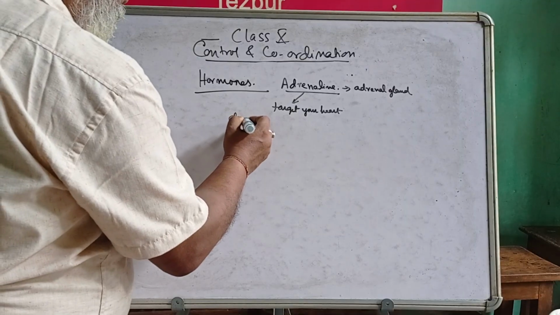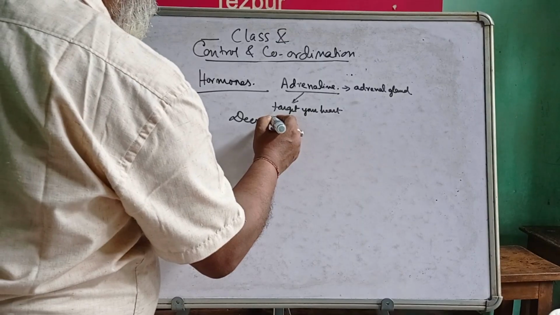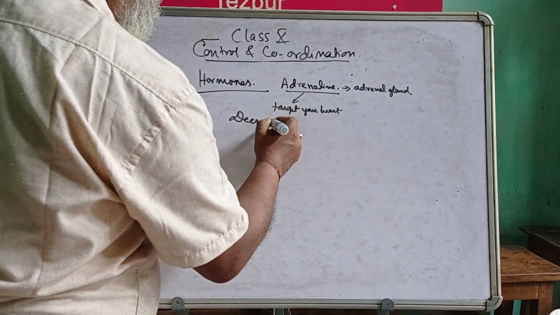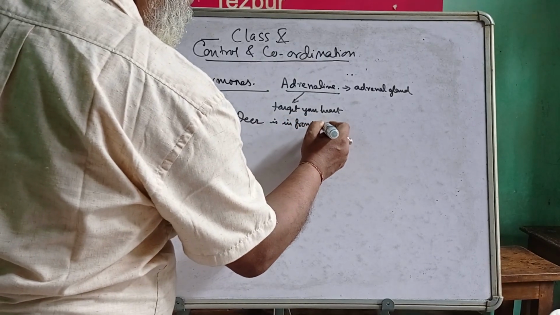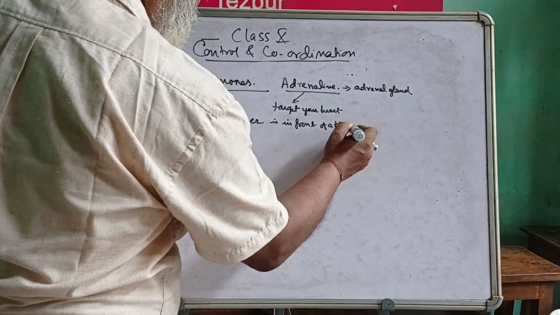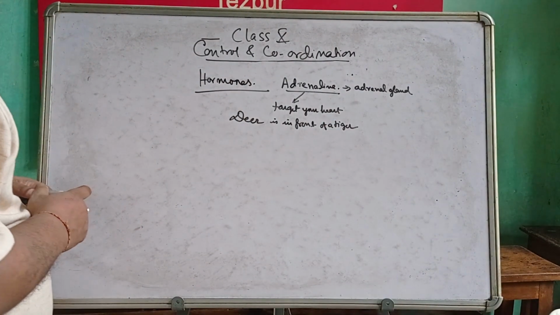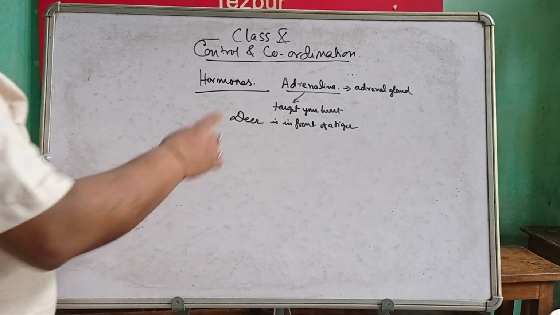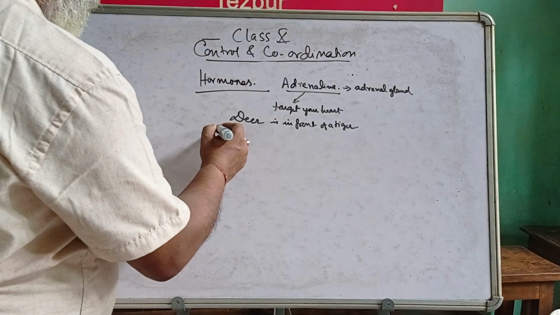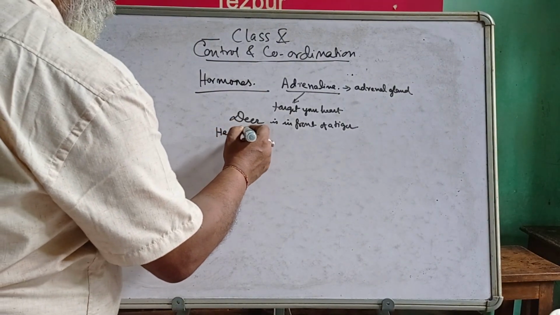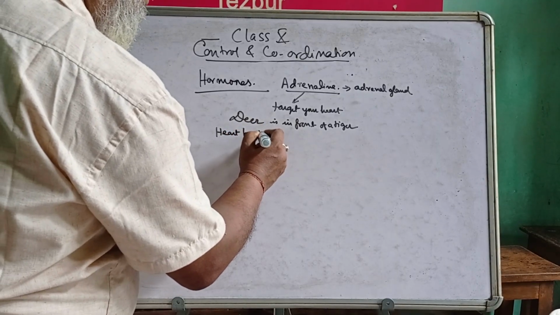Suppose a deer is in front of a tiger. What will happen? The adrenal gland will secrete adrenaline and it will target the heart. So your heartbeat increases.